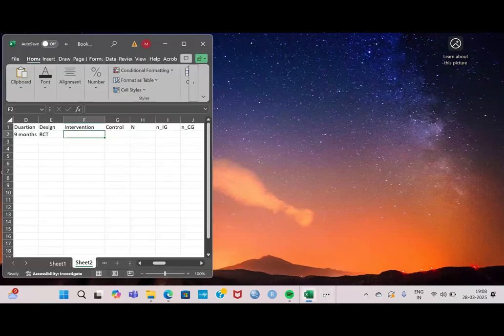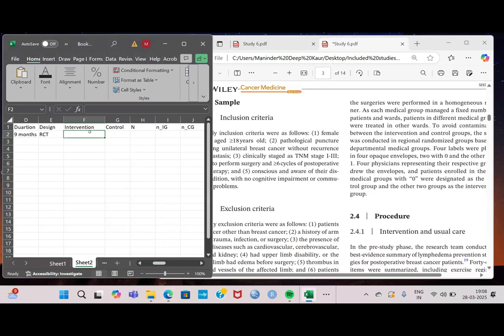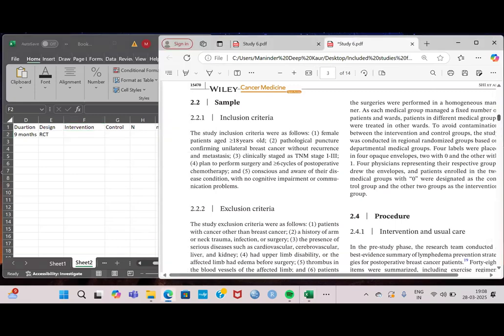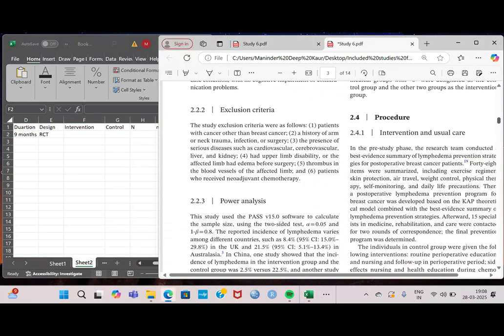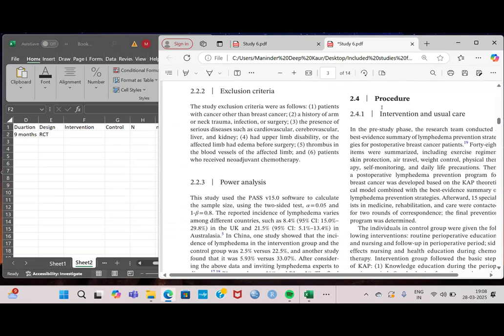So let's go again. I need to open the file. Again, I have to go into my studies. So this is the study. Okay. We need to write down the intervention here also, because in an RCT you have to give information regarding what kind of intervention they have used. See, they have mentioned the intervention and the usual care.